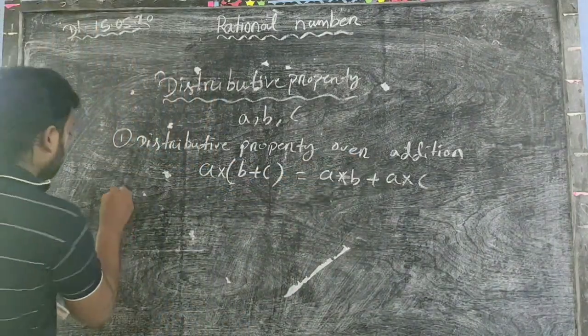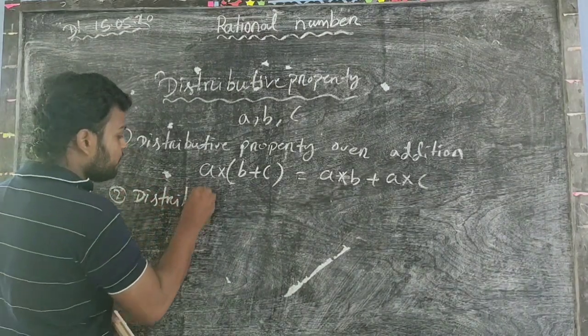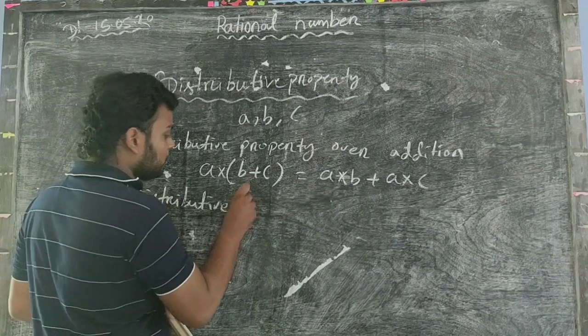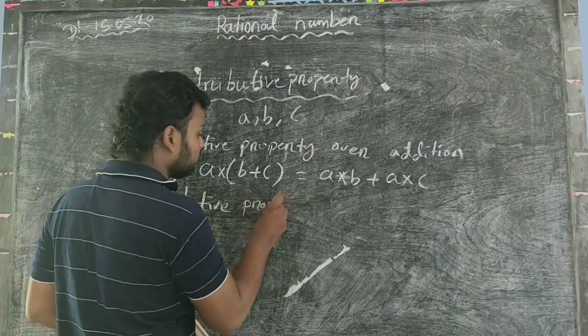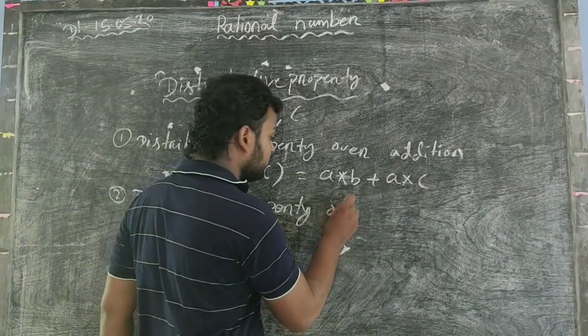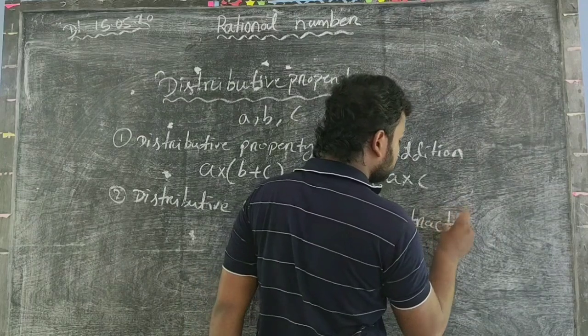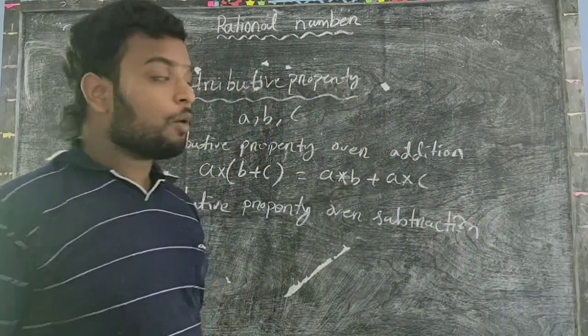Then the second property, distributive property over subtraction. So what is the distributive property over subtraction?